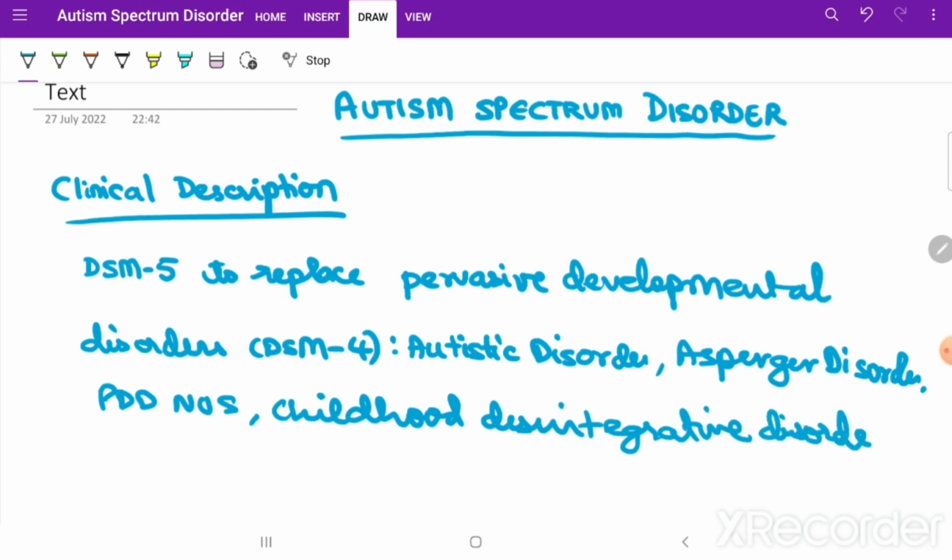All of these were included in DSM-4 as pervasive developmental disorders, but all have now been replaced by DSM-5 as autism spectrum disorder.